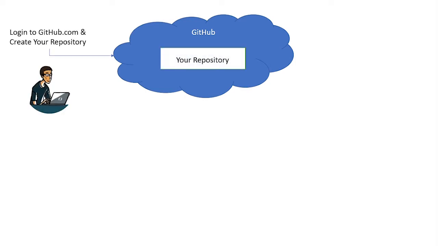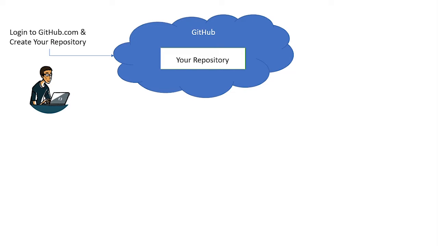Once you log in, all you have to do is create your own repository. So repository is a collection of your documents, or it can be your code or anything for that matter. A repository is a storage is what we can call it as.